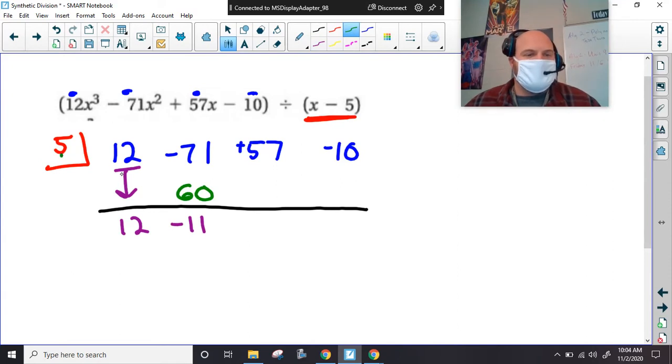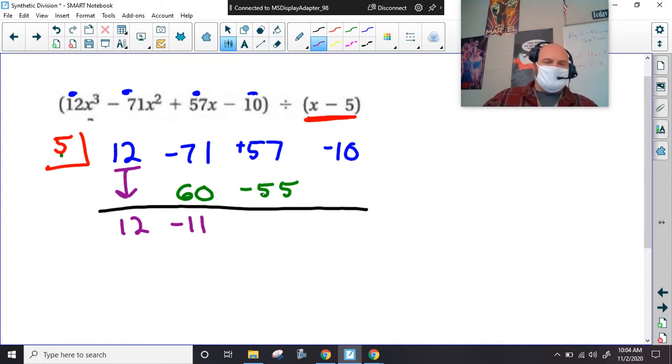Now, 5 times negative 11 is negative 55. And 57 minus 55, or 57 plus negative 55, is just going to be 2. And then 5 times 2 is 10, and this gives us 0.